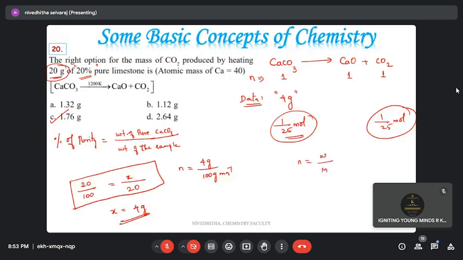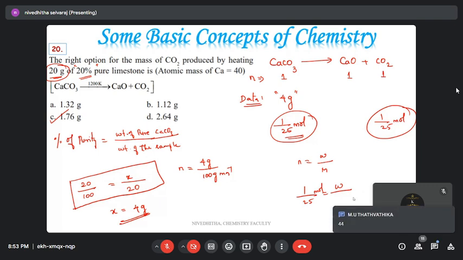So the weight of carbon dioxide evolved must be calculated, divided by the molar mass of carbon dioxide. Molar mass of carbon dioxide is, yes, it is 44. Satvatika told molar mass of carbon dioxide is 44 gram per mole. So you just calculate and tell me the weight of carbon dioxide evolved.